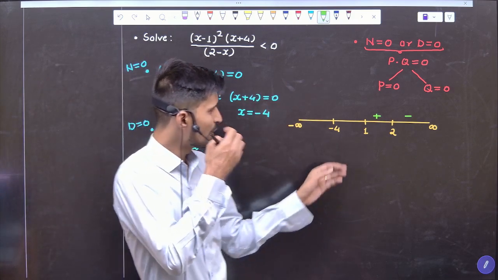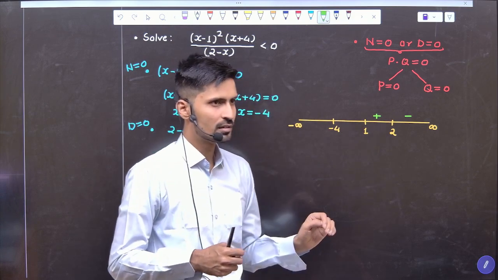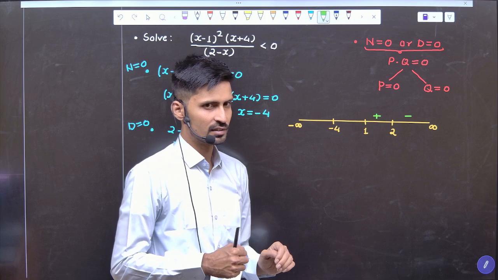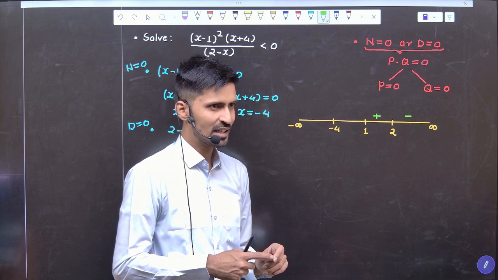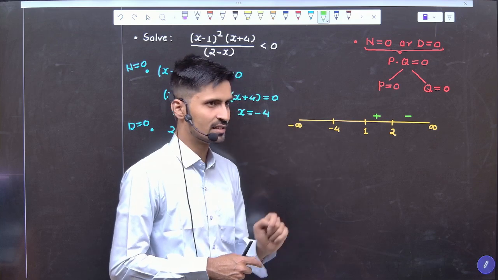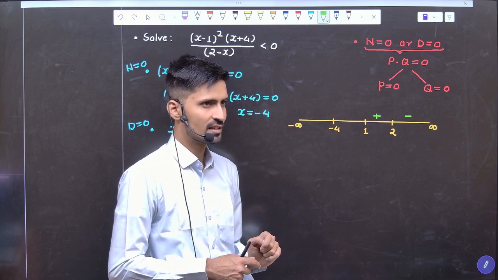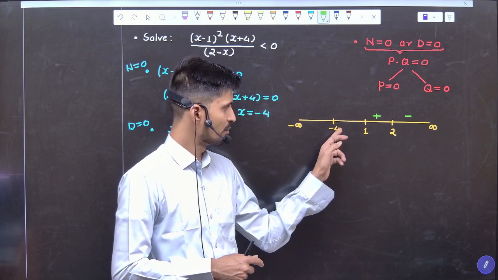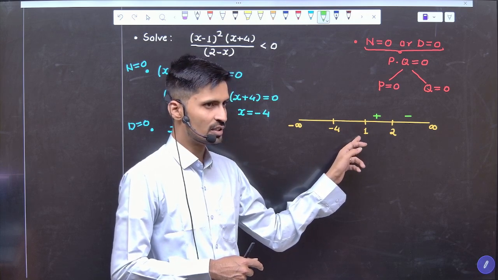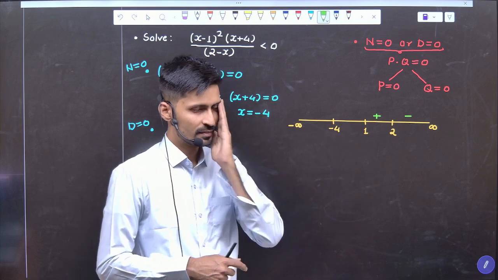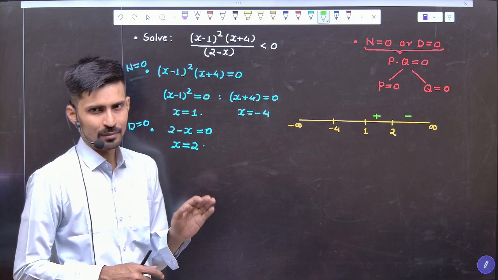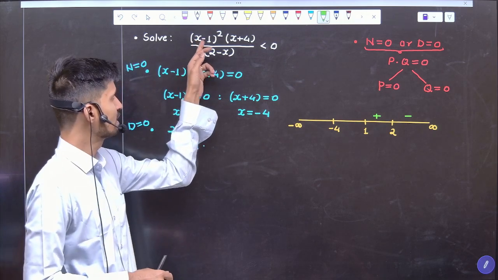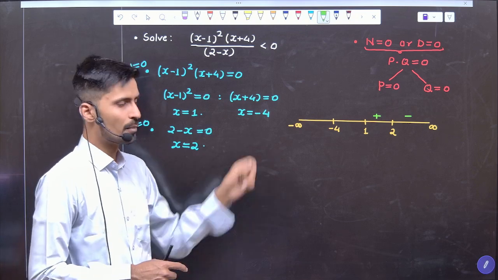Tell me any number between minus 4 to 1. Minus 3. Any other number? Minus 5. Minus 5 will be this side. Minus 3, minus 2, minus 1, 0. So she is telling minus 3. Let's put minus 3. Minus 3 minus 1 is minus 4, square.